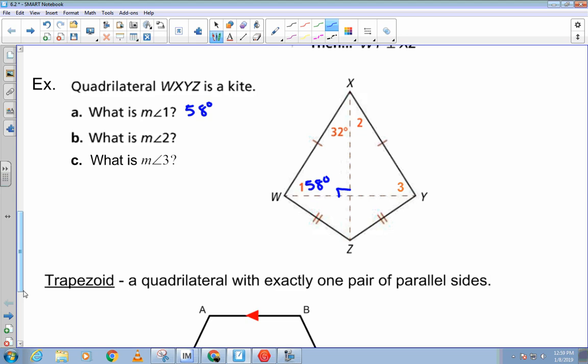How do you know that angle 2 is 32? Be careful. You're right, it is 32, but let's think about this for a second. They have not stated that this is an angle bisector. This is bisected, but we have not stated that the angle is bisected. It is an isosceles triangle, and we can drop the altitude from the vertex. Yes, it does bisect the angle.